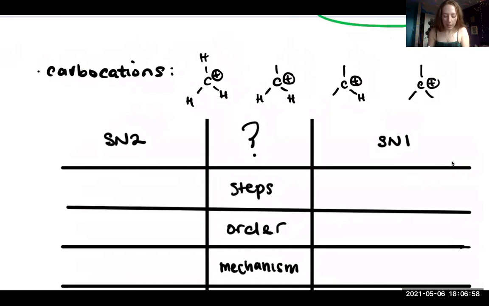So in this case here, we have a methyl group actually. So this is kind of like zero order. Then we're going to hit first order, or not first order, what am I saying? This is primary. Then we have secondary, then tertiary carbon, okay, or carbocation.